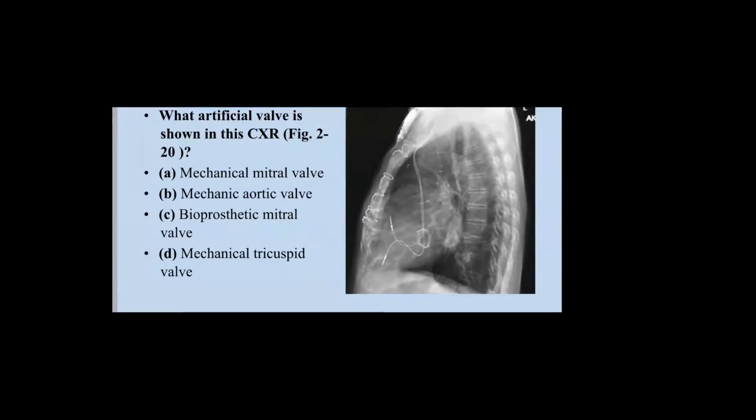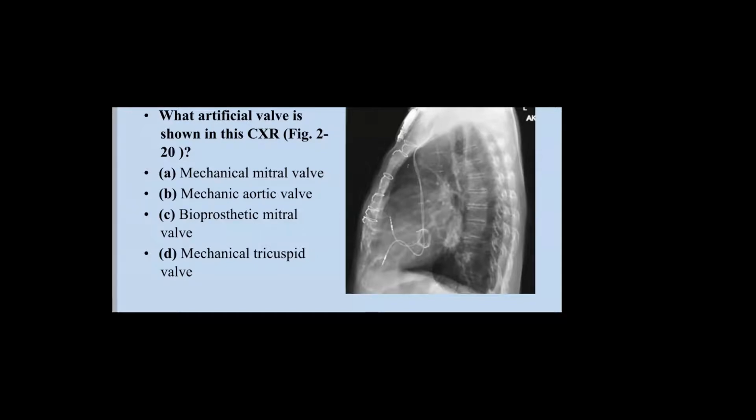Bioprosthesis with the ring. Who said bioprosthesis? Yes, Minha. Minha, bioprosthesis, that is so courageous of you because we are seeing a very dense structure there. How can it be bioprosthesis with this dense structure? Meaning radio dense, this one.